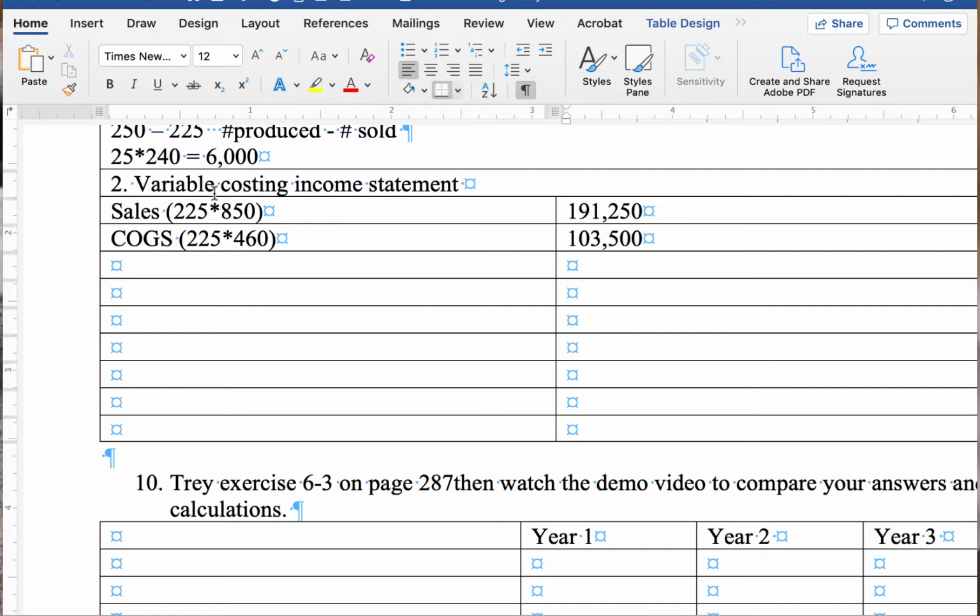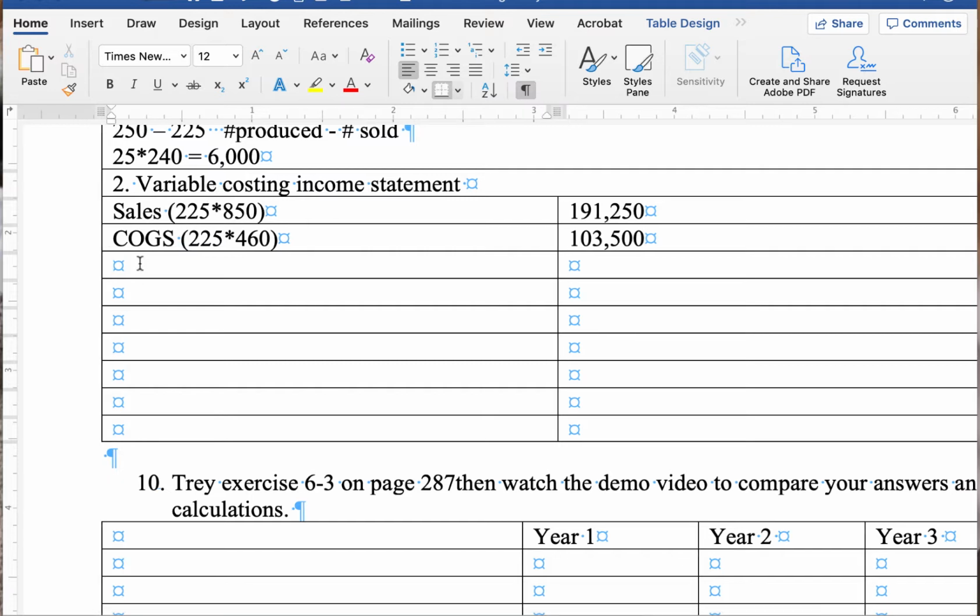Because I'm doing the variable costing method. I'm using the contribution formatted income statement. I need to subtract out my variable selling and administrative. Well, that's easy.